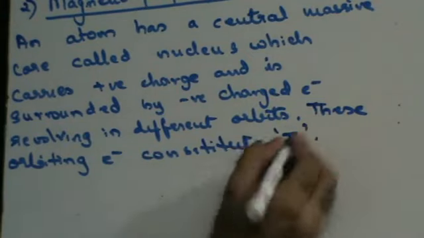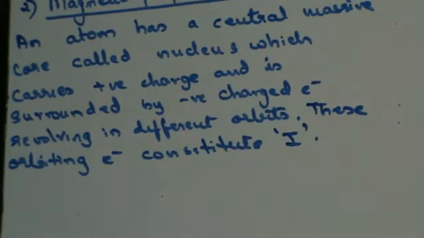Now if there is current, that means these electrons are moving in a circular orbit, that means they are making a current loop. When current flows through a conductor, that gives rise to a magnetic field. So I can say that there are equivalent current loops and hence they possess magnetic dipole moment.